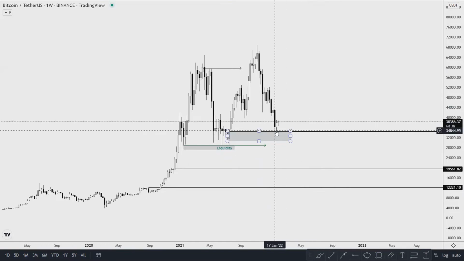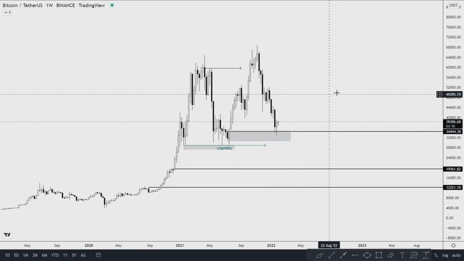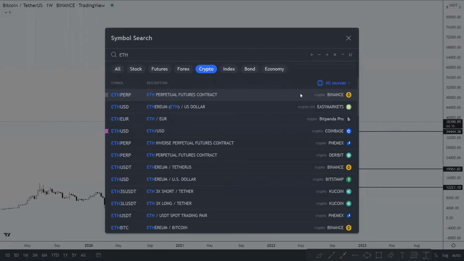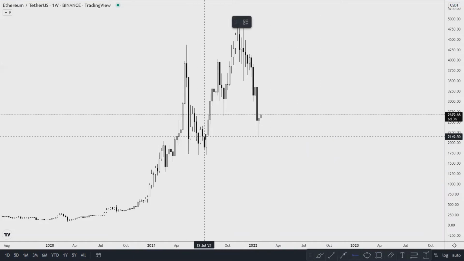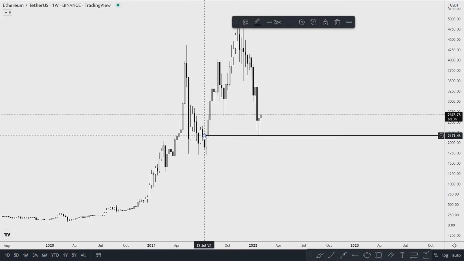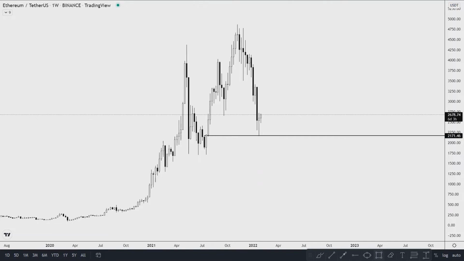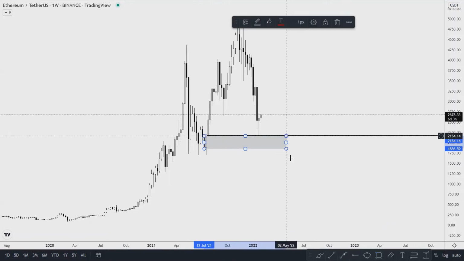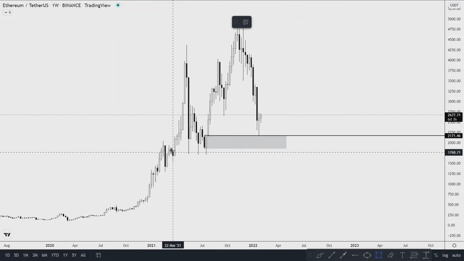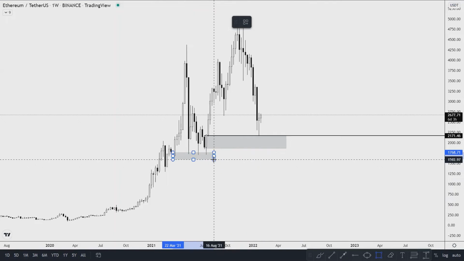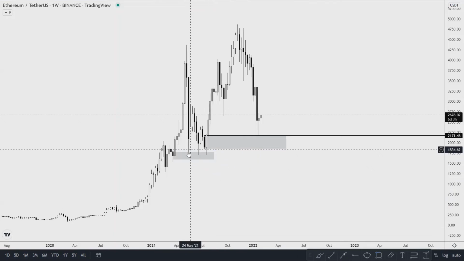If price does go bullish from here, then with Ethereum, it will sort of make sense, because now Ethereum has come down to this price point. Right here, we've seen it come to this area, got like 3 touches there.